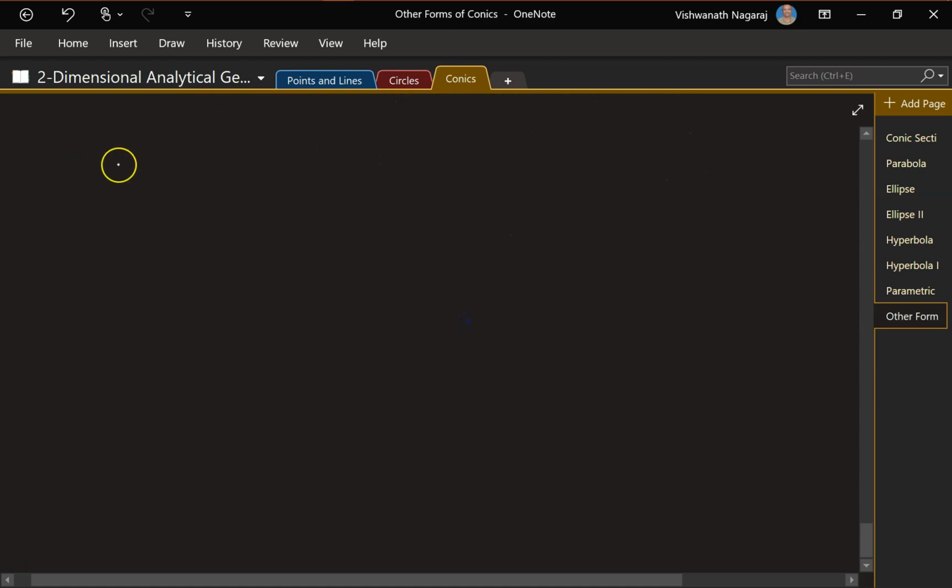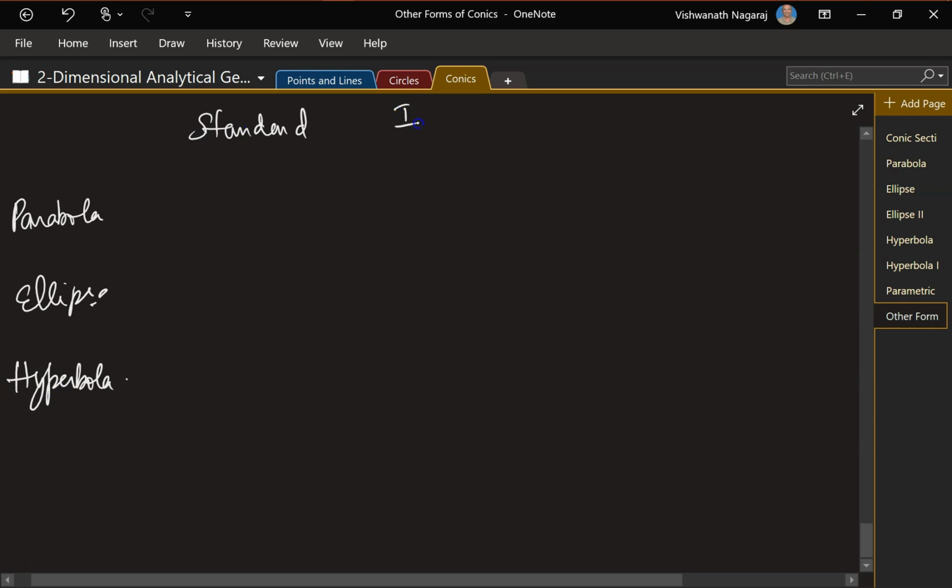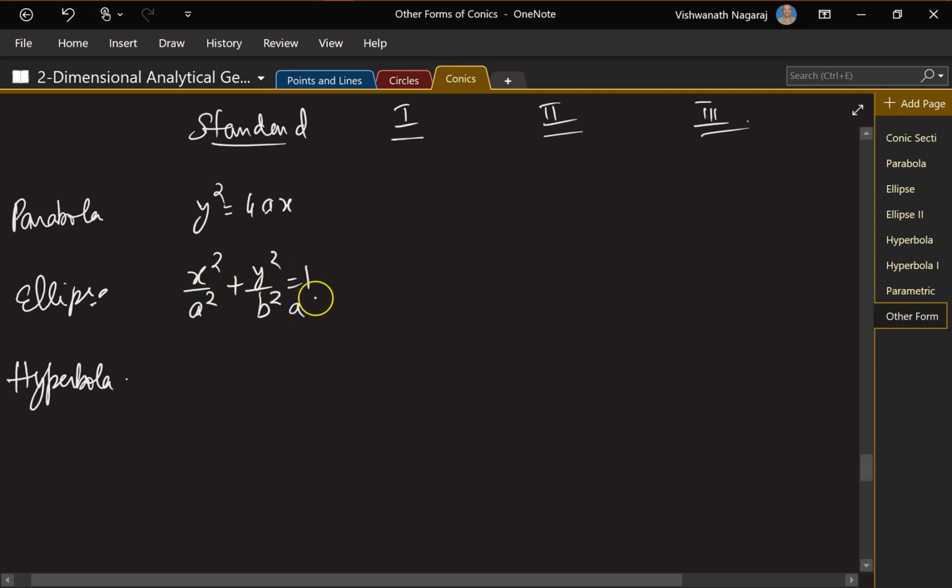We have parabola, ellipse, we have hyperbola, we have standard, we have type 1, type 2, type 3. Standard is y square is equal to 4ax, ellipse is x square by a square plus y square by b square is equal to 1, where a is greater than b. Hyperbola is x square by a square minus y square by b square is equal to 1. There is no condition.